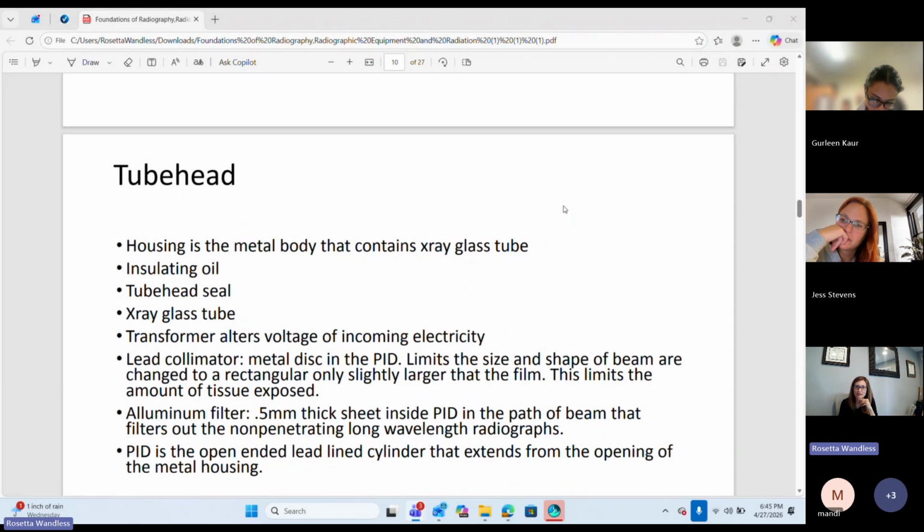Any energy that's derived in there, we don't want to escape out, like you hit a button and radiation's everywhere. That we don't want. We want to harness it and direct it. So the entire tube head is lined with lead, the tube head seal, which is made of lead.